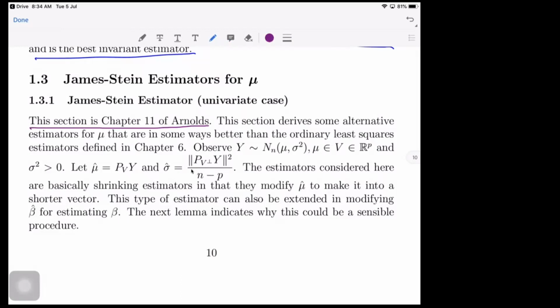This section derives some alternative estimators for mu that are in some ways better than the ordinary least squares estimators, which we discussed in chapter 6. In chapter 6, we have mu hat, which is a function of the projection of y onto V, converted to a beta, no? Which is a function of x prime x inverse x prime y.